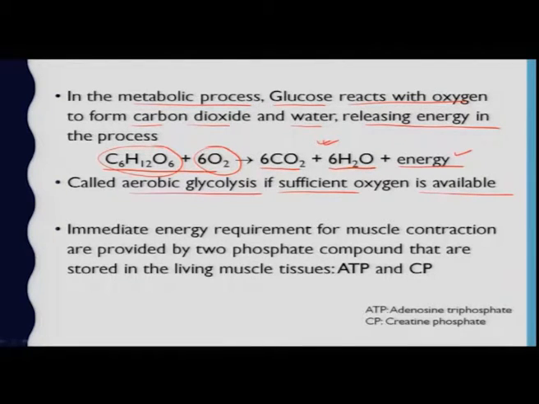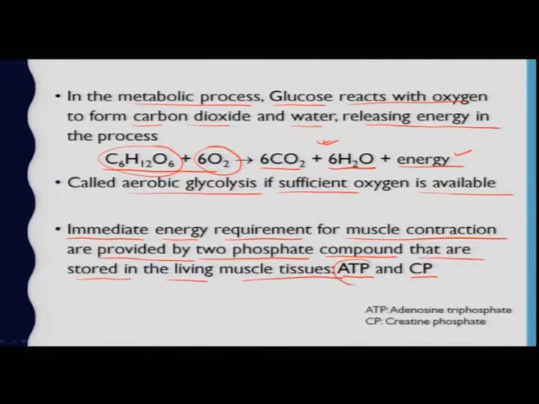For the body, the immediate energy requirement for any activity, let's say muscle contraction, is provided by phosphate compounds that are stored in the living muscle tissues. Those compounds are ATP and CP.